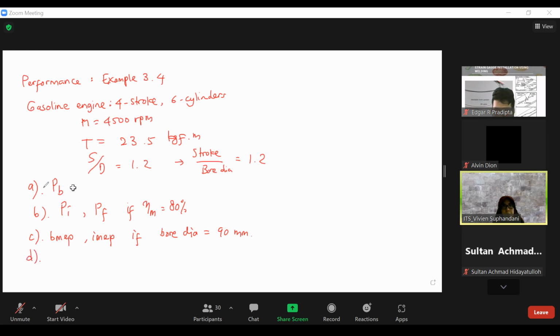And D is the SFC, the specific fuel consumption, if the total efficiency is 28% and the lower heating value is 10,000 kilocalorie per kilogram.